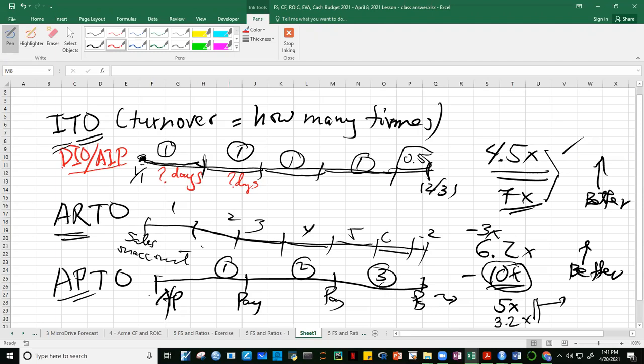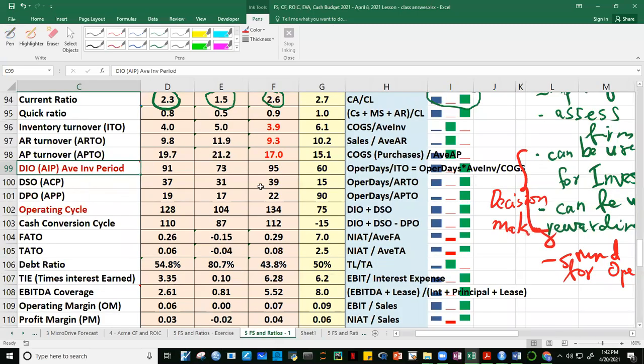And the formula for that is your operating period natin, ibig sabihin, ilang days a year tayo nag-ooperate. So if the company is operating on the average every day, that would be 365 days, no? Okay, so if they're operating 365 days, then we can now compute for the DIO, which is your operating days divided by your ITO.